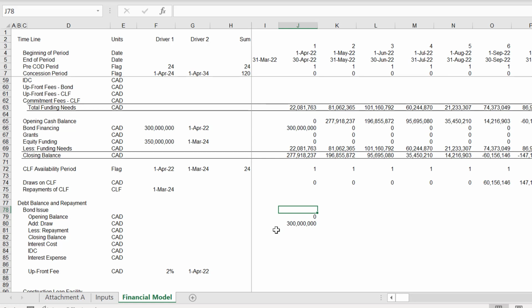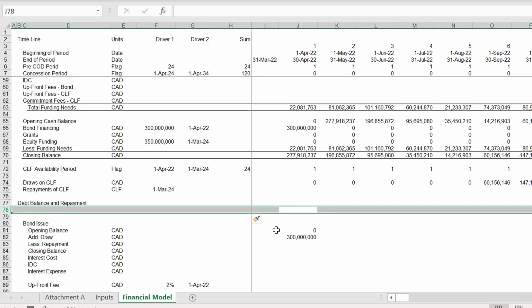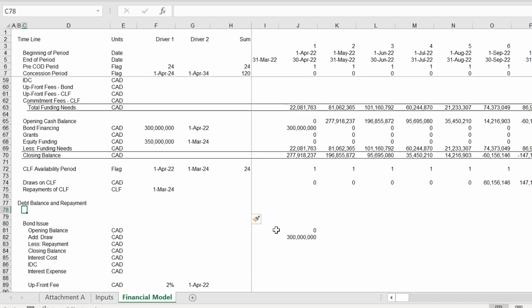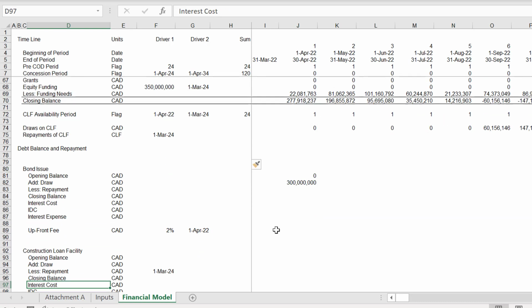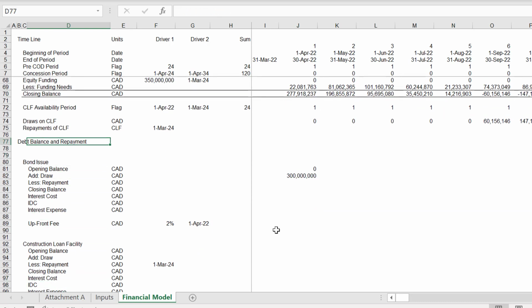Okay, and then let's put the draw in, which is the bond financing. And I guess I'm doing it a little bit backwards because I'm going ahead with all the repayments before we've really resolved all this stuff with the construction loan facility. Why don't we do this?